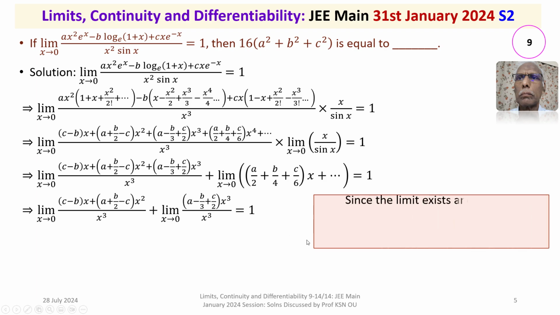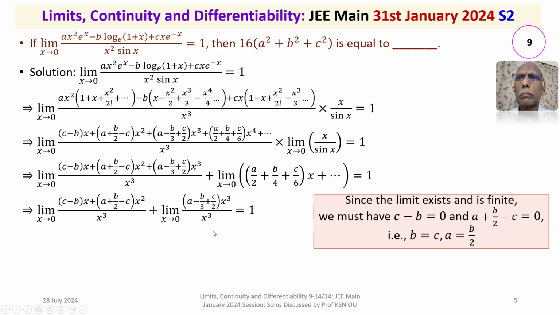So c minus b is equal to 0 means b is equal to c. In a plus b by 2 minus c is equal to 0, substitute c is equal to b, and you will get a is equal to b by 2. From here, you will get a minus b by 3 plus c by 2, and that is equal to 1.